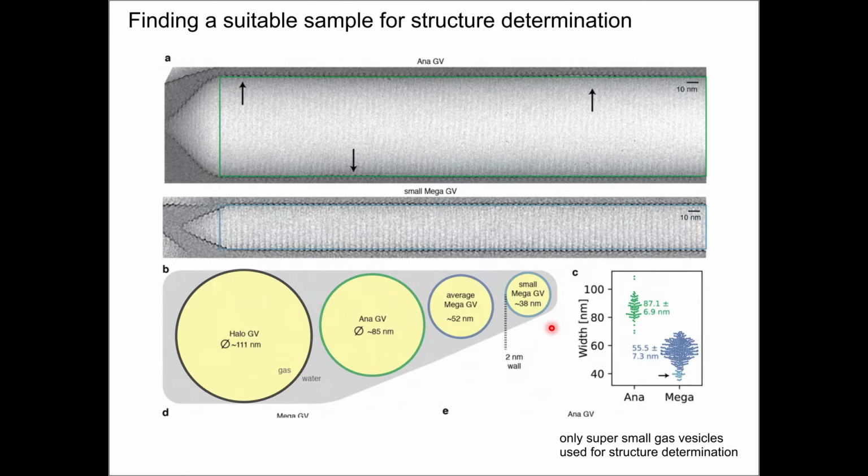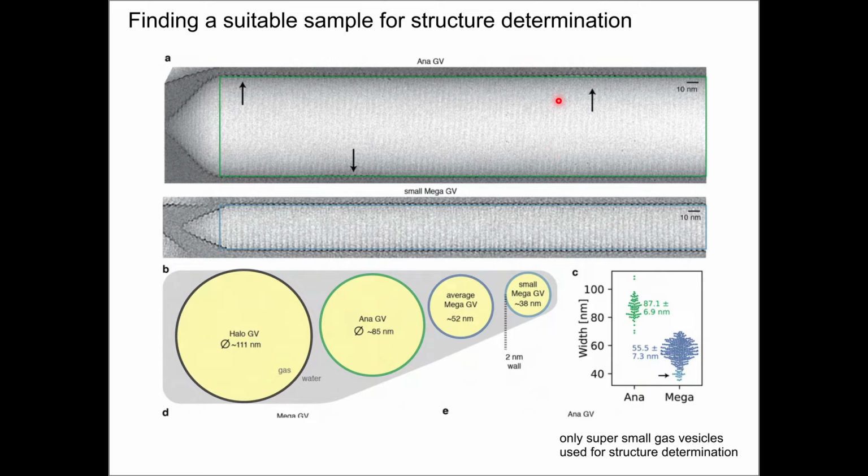Okay, so for structure determination, they don't really make a big point about this, but I assume it was something that they had to struggle with a bit at first. They noticed that the larger the gas vesicle was, the more deformed it got as a cryo-EM sample. And so the smaller vesicles actually were the best cryo-EM samples.